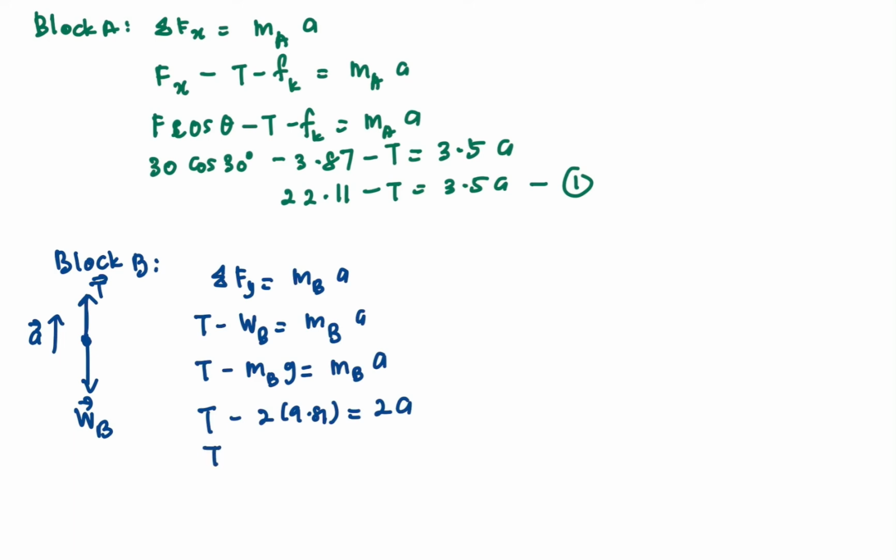Okay, so it will be T minus 19.62 equal to 2a. So this will be the second equation.